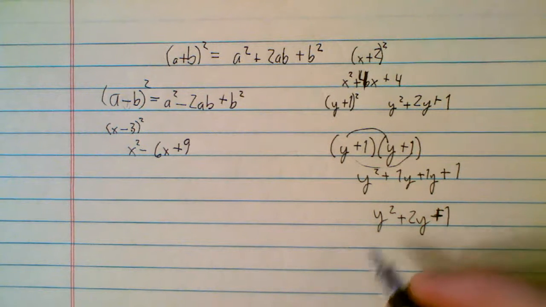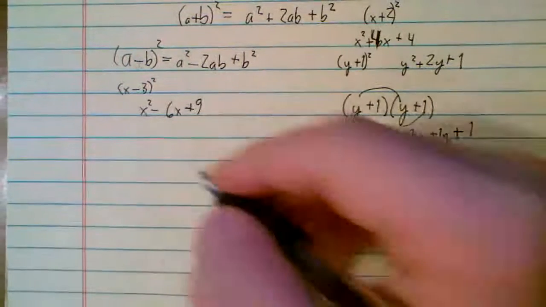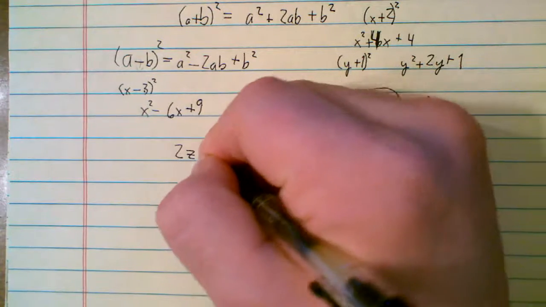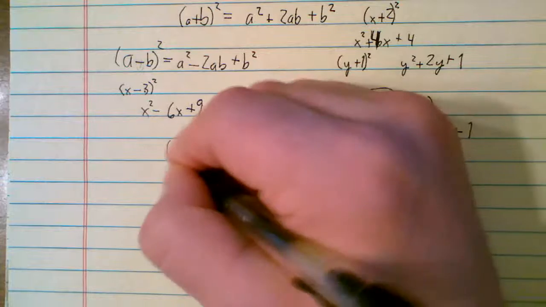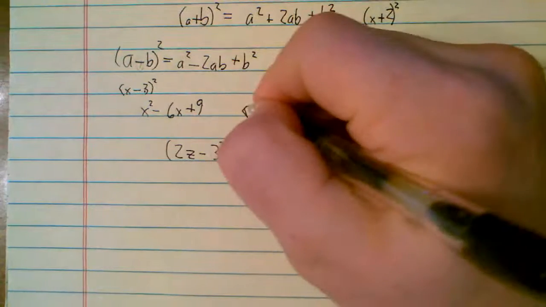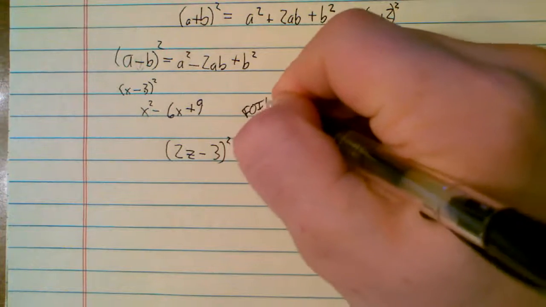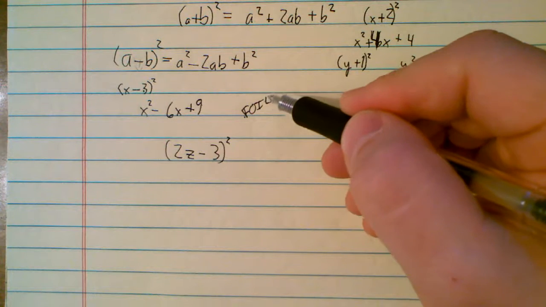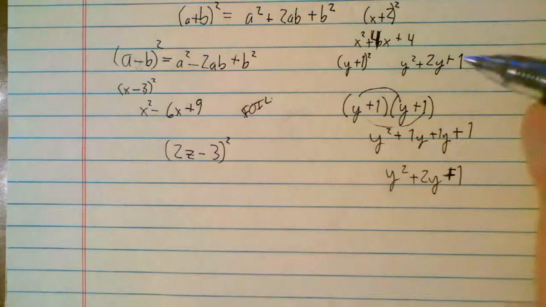So let's look at a slightly more difficult example. We'll take 2z minus 3 squared. We could go the FOIL method, and just a reminder of that, it's front, outside, inside, last. But we don't need to.